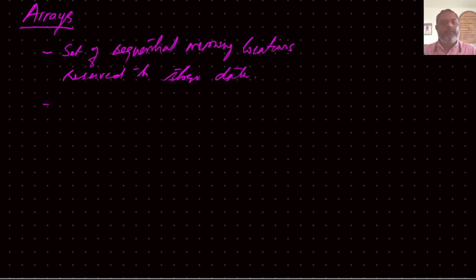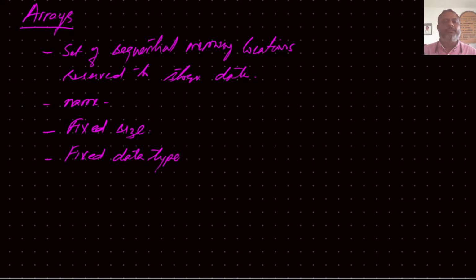Each array is given a name, and the array is known by this particular name. Then each array has a fixed size. Then it has a fixed data type. So these are some of the issues of an array.